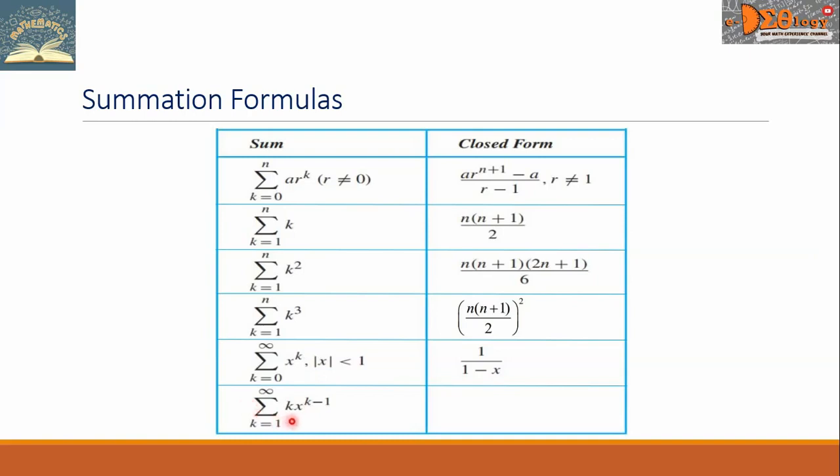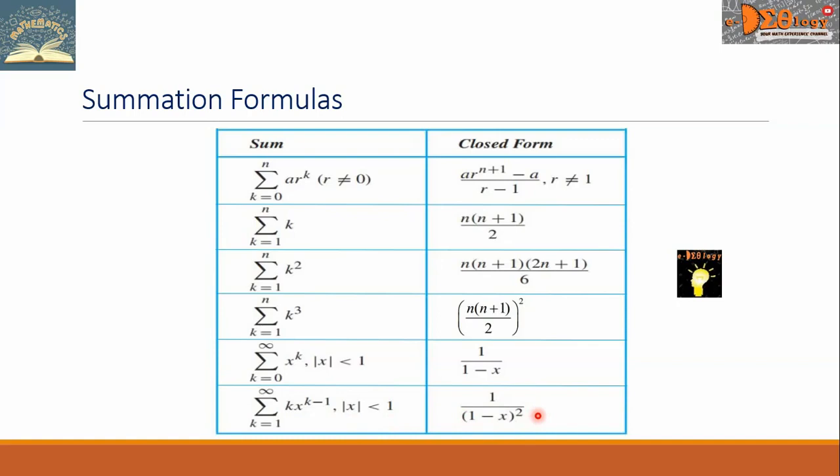Summation of k times x raised to k minus 1, where k equals 1 up to infinity. In here, the absolute value of x is less than 1, and the value is 1 over the quantity 1 minus x raised to power 2.